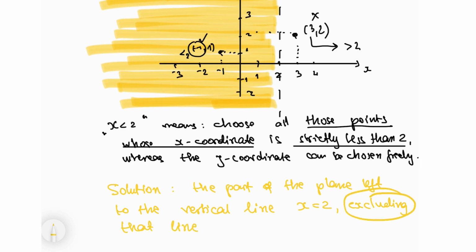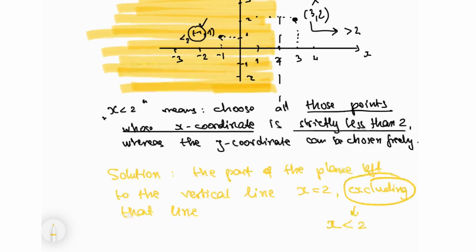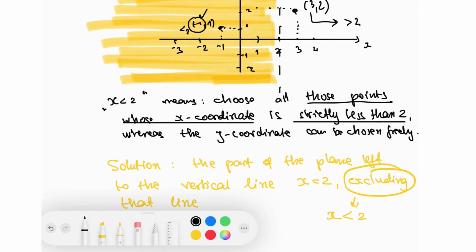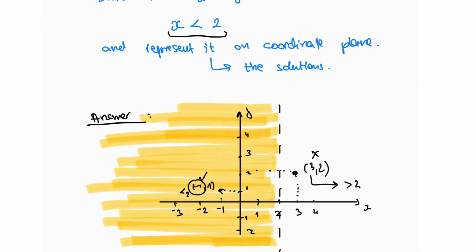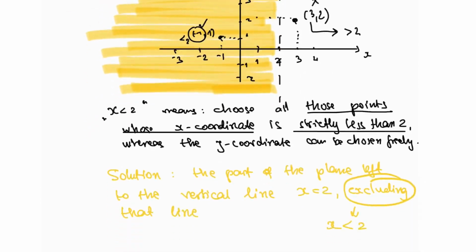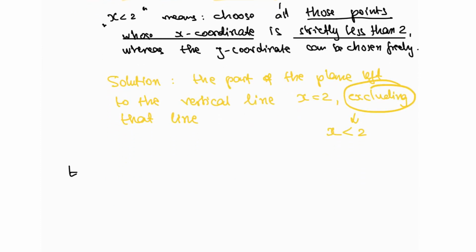Why excluding? Since it is x strictly less than 2. Okay, so that is the first example. And we will do example 2.